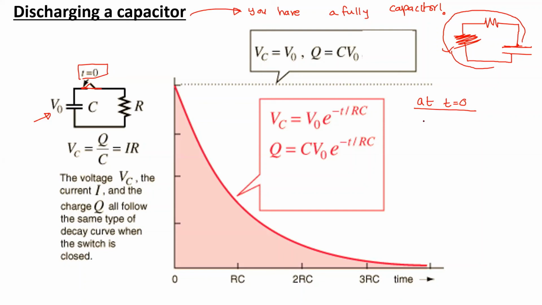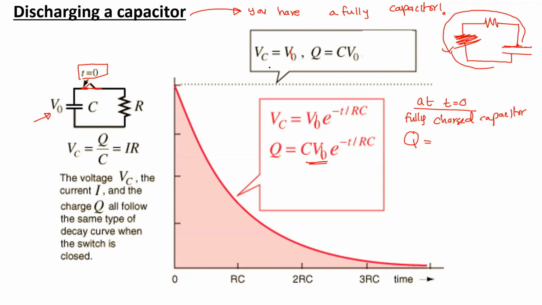We know for a fully charged capacitor, the charge Q is the maximum. What is the maximum Q? It is C times VB, right?